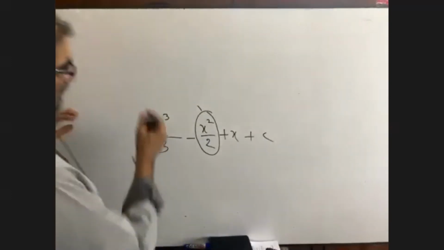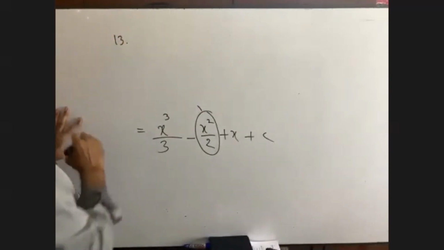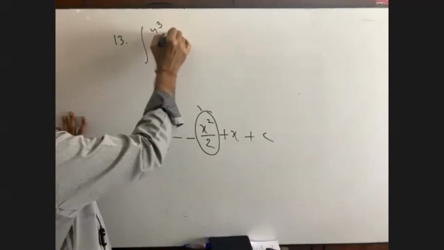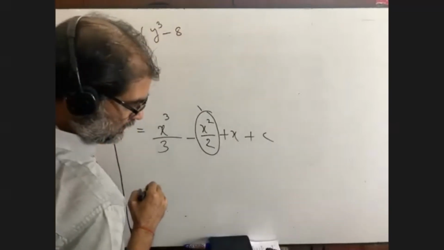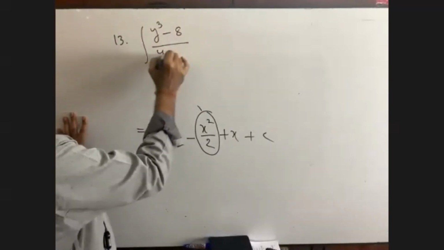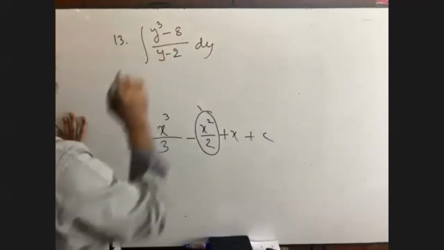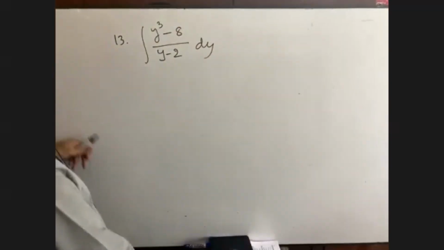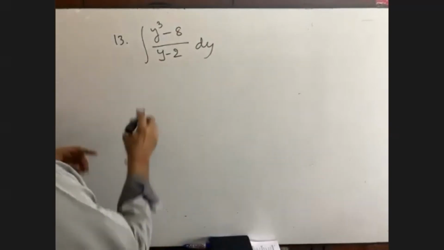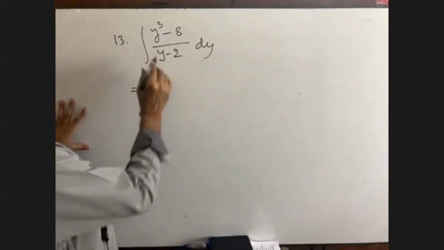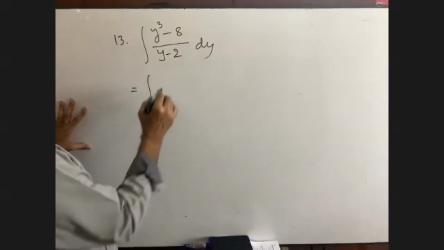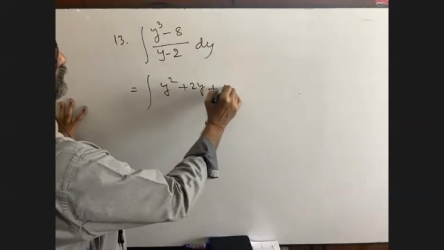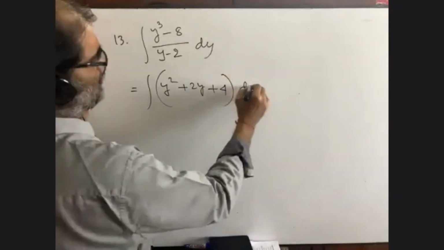Y cube, the same math, you can do it at home. We are getting y cube minus 8 by y minus 8 dy. As it is y, so it is dy. So we are getting here y minus 2 will be omitted, y square plus 2y plus 4, right?